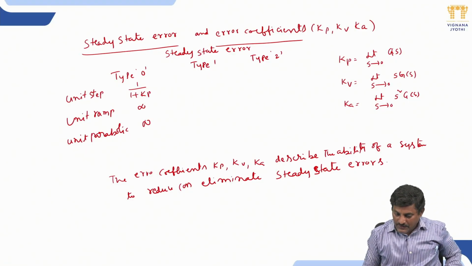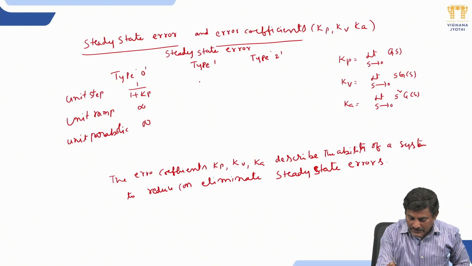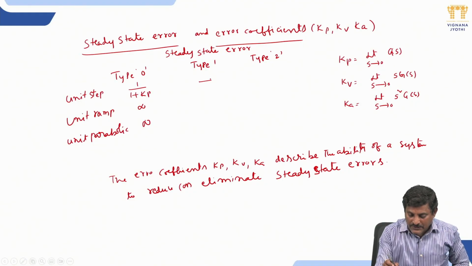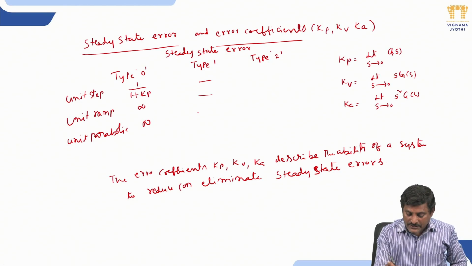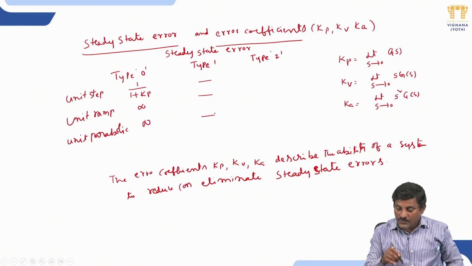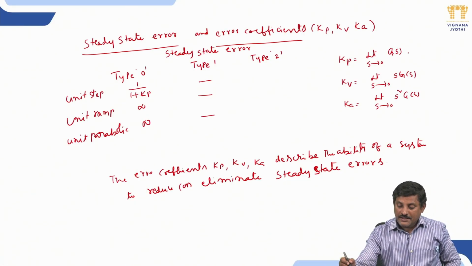So I'll stop here. Please complete the unit step input for a type 1 system steady state error, unit ramp input for a type 1 system steady state error, and unit parabolic for a type 1 system steady state error. Before that, you have to determine Kp, Kv, and Ka.